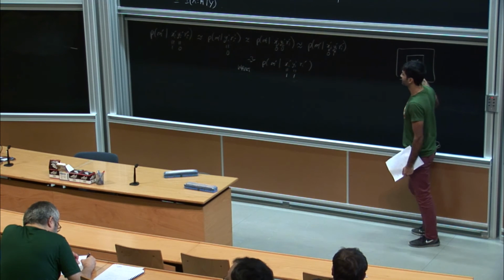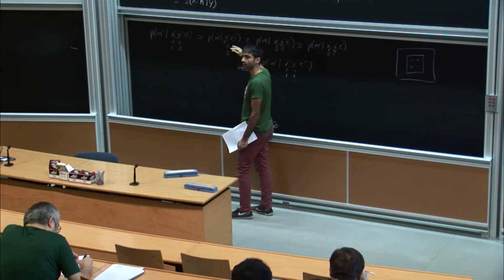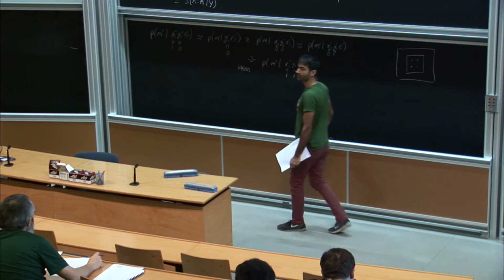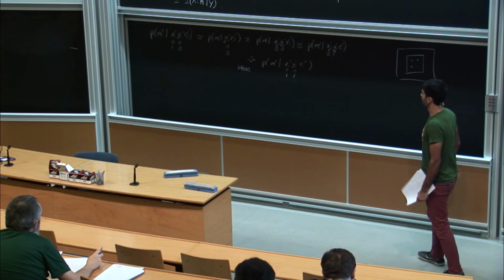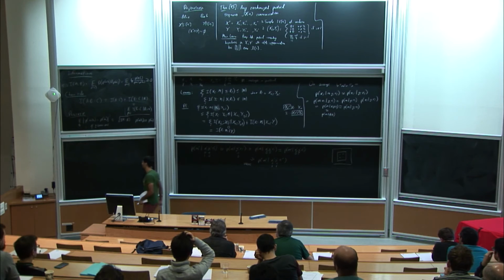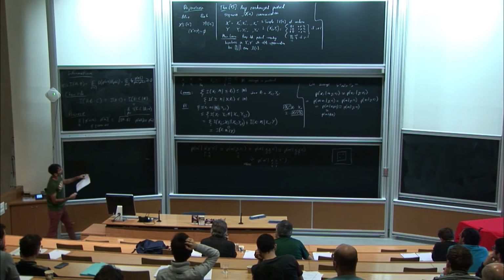That property is going to be useful to show that if these three distributions are close, then so is this distribution.